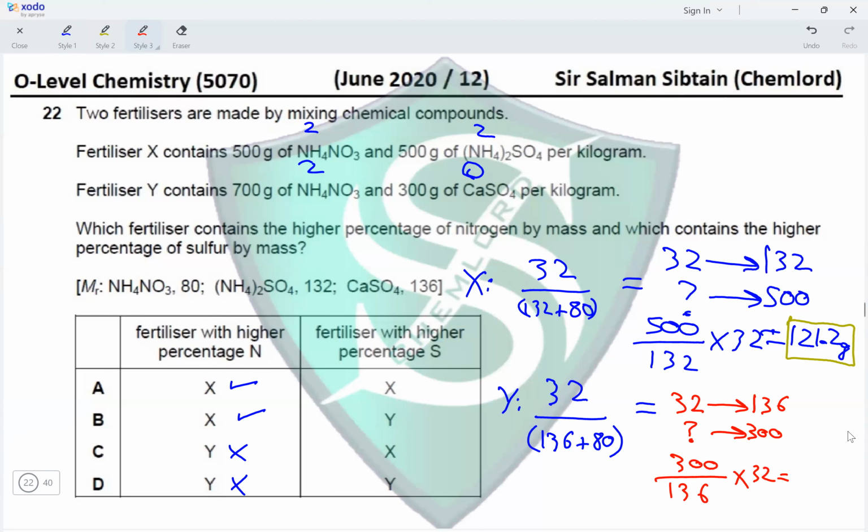This gives us a value of 70.5 grams. So we have 70.5 grams of sulfur present in the 300 grams of calcium sulfate per kilogram, and we have 121.2 grams present in 500 grams of ammonium sulfate.